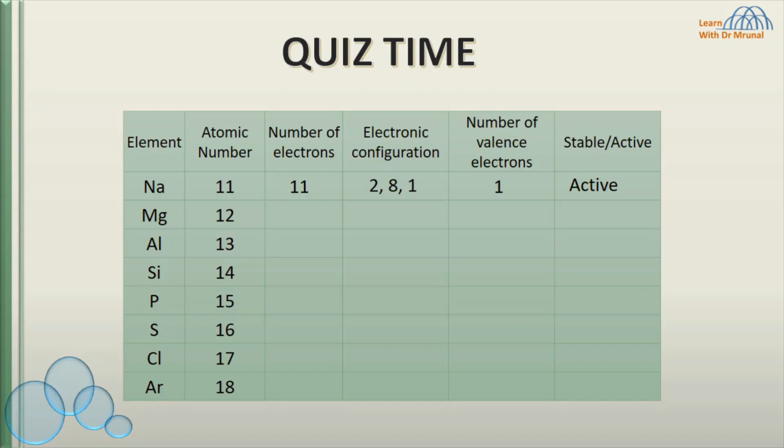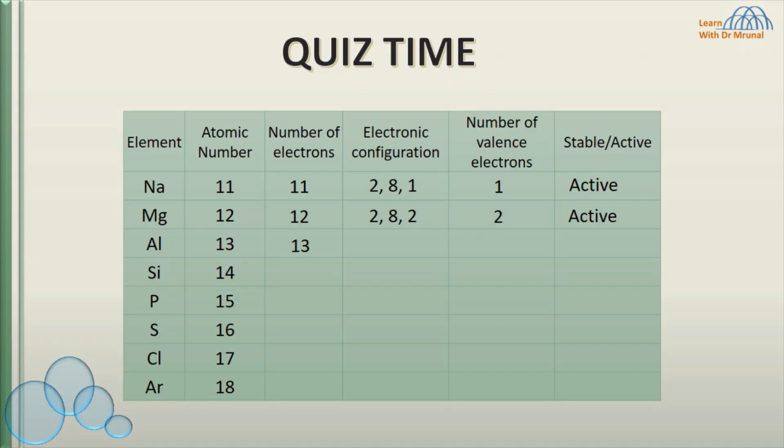Now tell me, magnesium, how many valence electrons are present in magnesium? Its electronic configuration is 2, 8, 2. Correct. 2 valence electrons are present, and since its octet is not complete, since in the outermost shell only 2 electrons are present, so it is not stable but it is active.